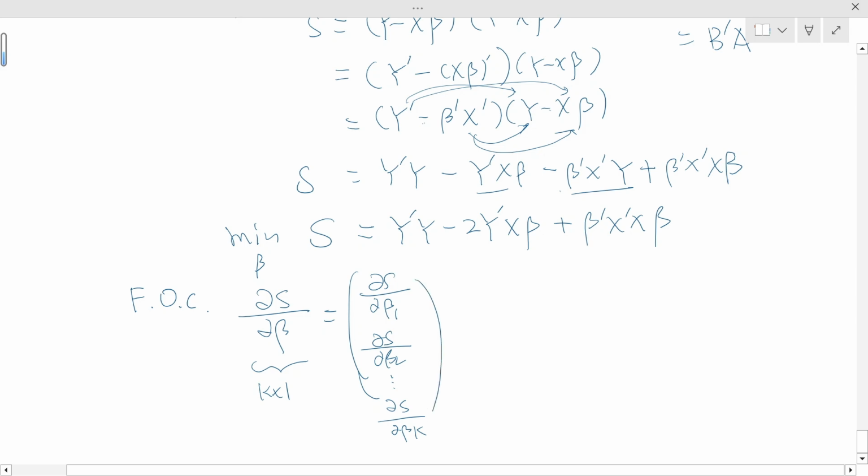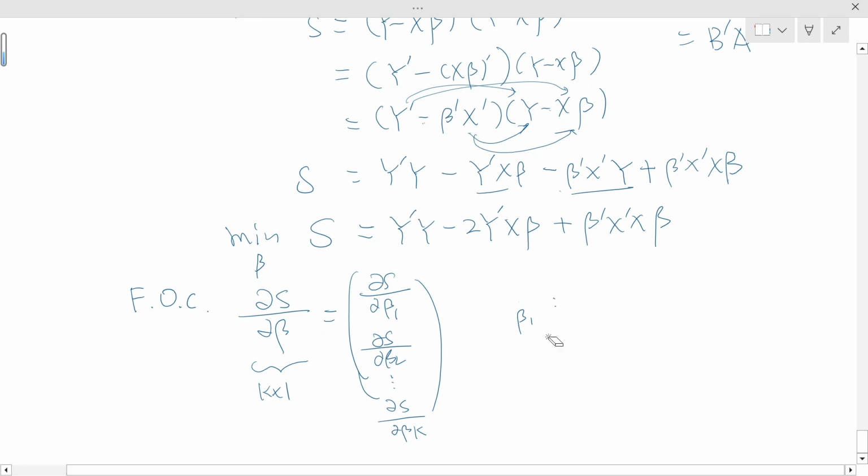And in this partial differentiation, for example, partially differentiating with respect to beta 1, that means we are holding beta 2, beta 3 until beta k as constants. We treat them as constants.